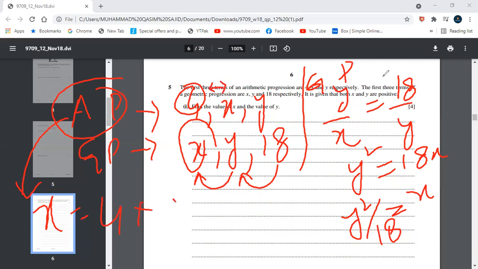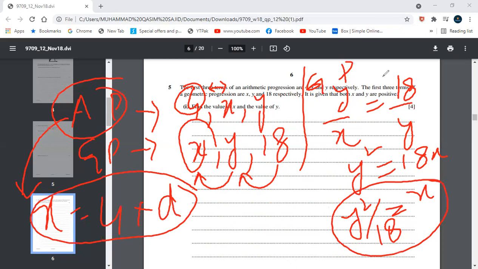So 4 plus d. Is this clear or not? Yes, sir. So compare both values.